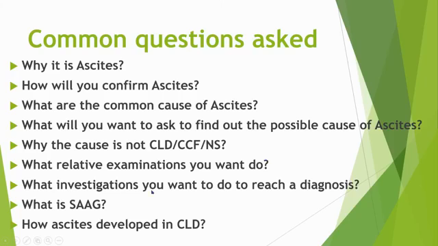Now, what investigation do you want to do to reach a diagnosis? If you think it is a CLD, then you should go for the liver function test. Then you should go for the peritoneal fluid or ascitic fluid study.